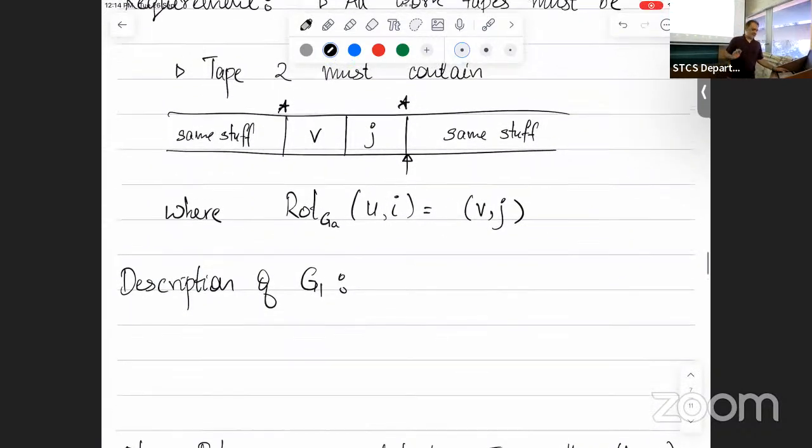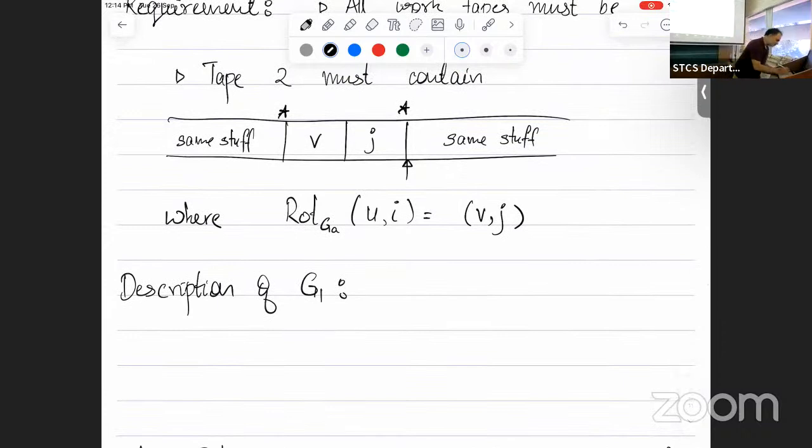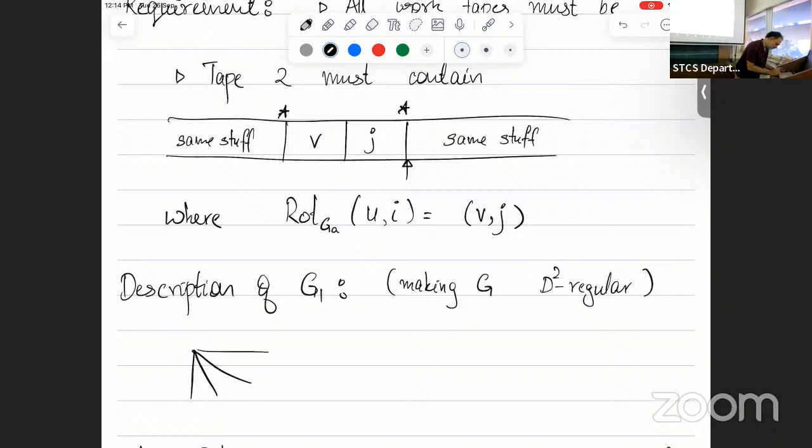Okay. So let me first describe what G1 is, whose goal was basically making G D squared regular. That's what G1 was. You started off with some arbitrary graph. All I want to do at this point is just make it regular and add self loops. Okay, and here is pictorially what you do. So let's say this is some vertex U here.